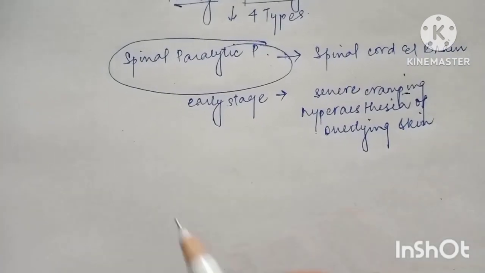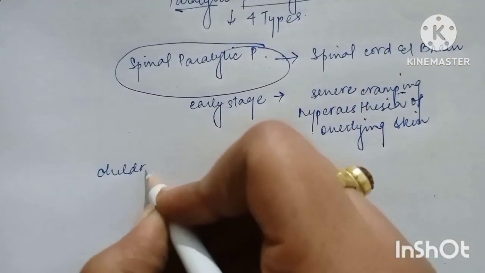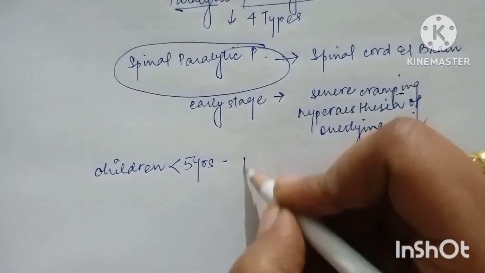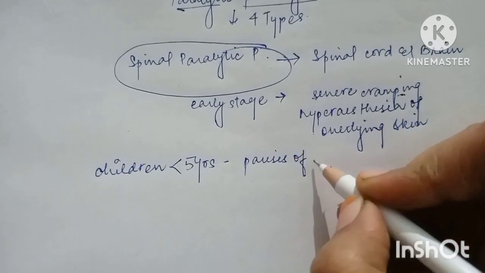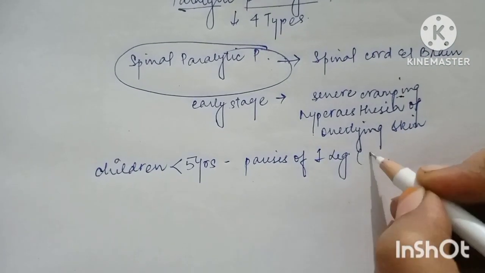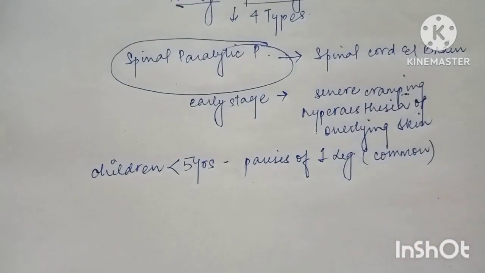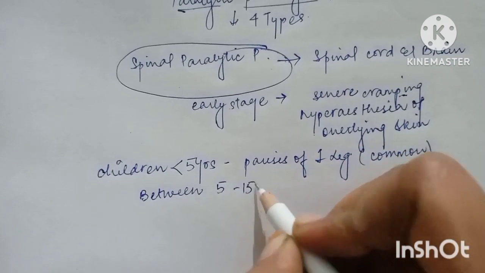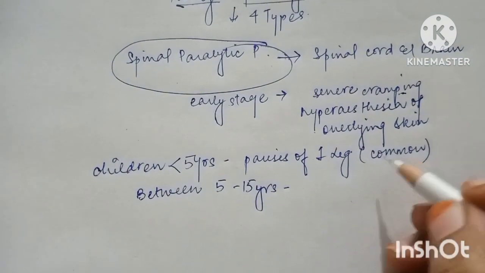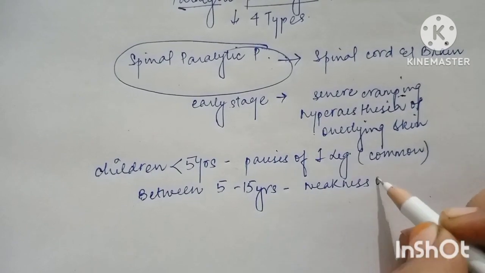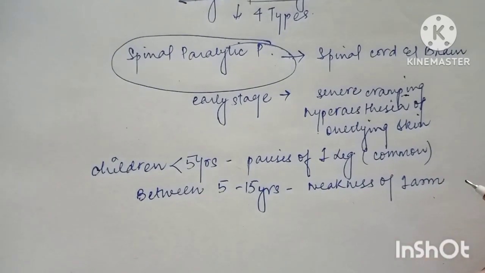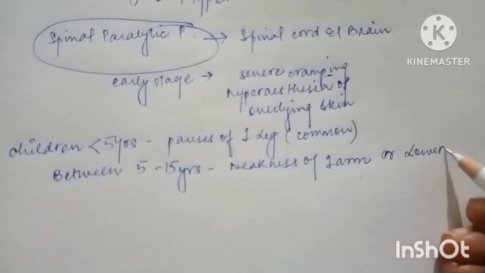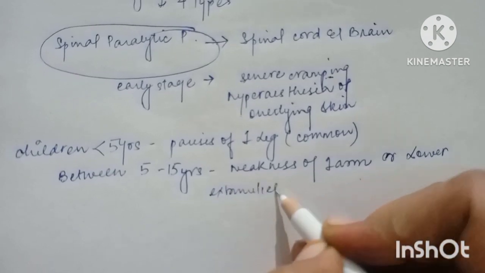Now, in children less than the age of 5 years, you may see paralysis of one leg. That is common. Between 5 to 15 years of age, you may see weakness of one arm or of the lower extremities, both.